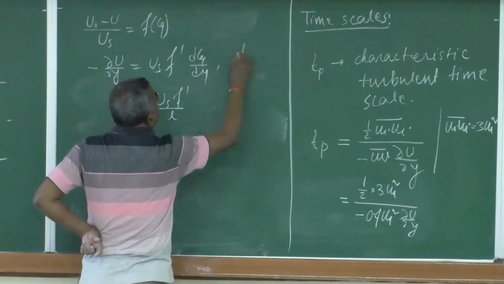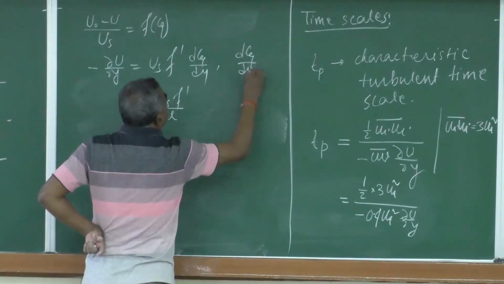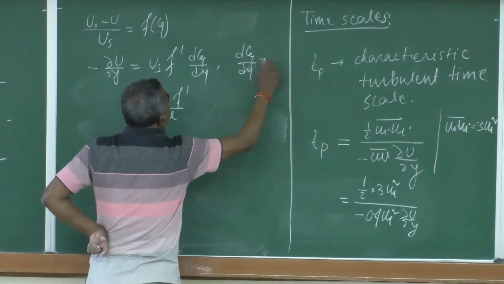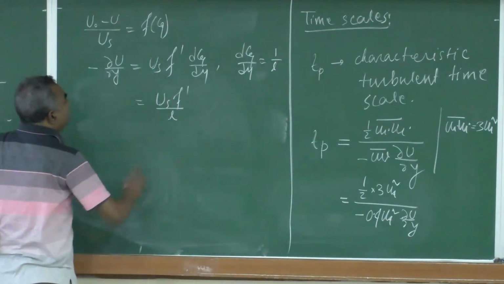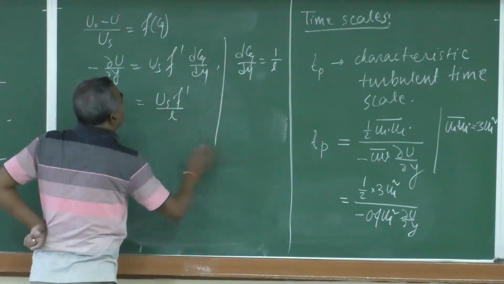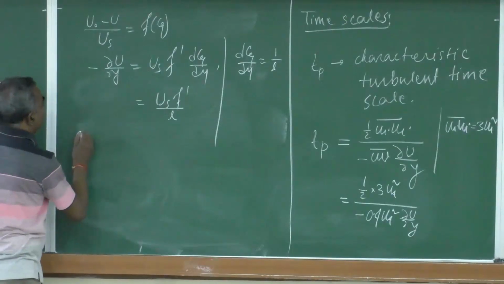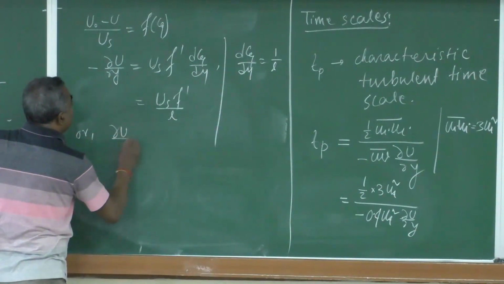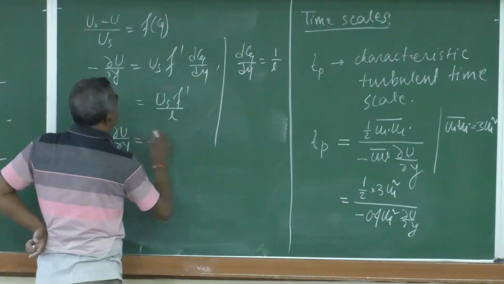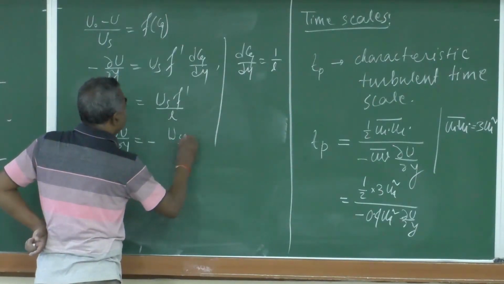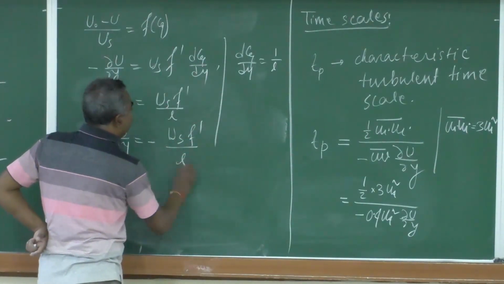So, dxi dy is nothing but 1 by L, right. That is why del u del y is equal to minus u s f prime by L.